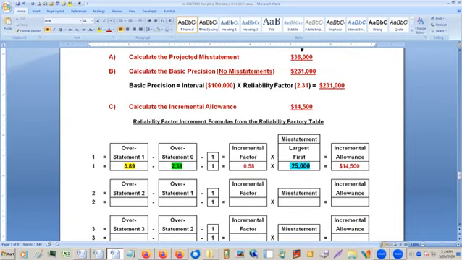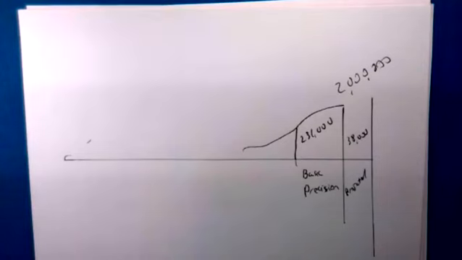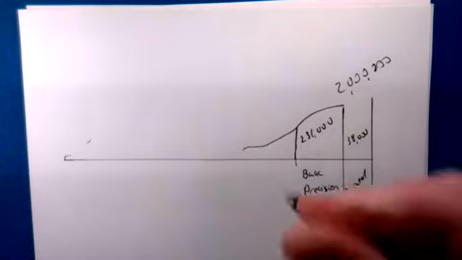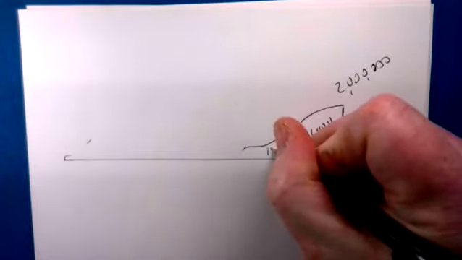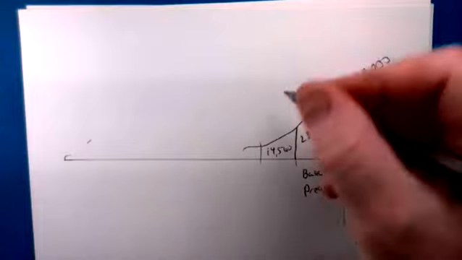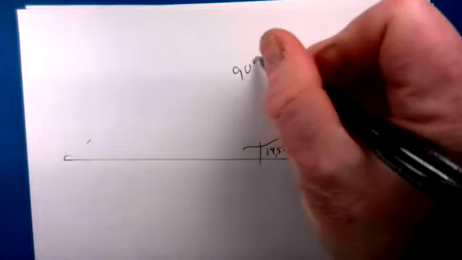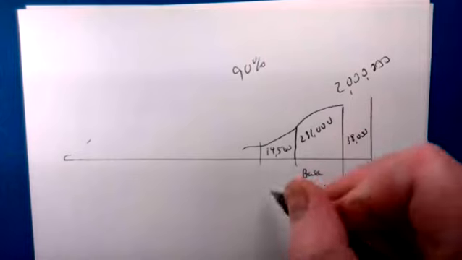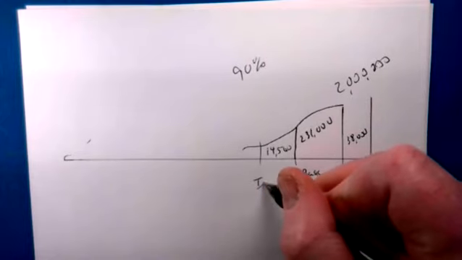Okay, so our calculated incremental allowance is 20,500. All right, so what we're saying is that 90%, that this is the incremental allowance.